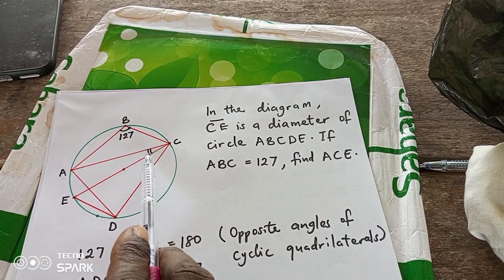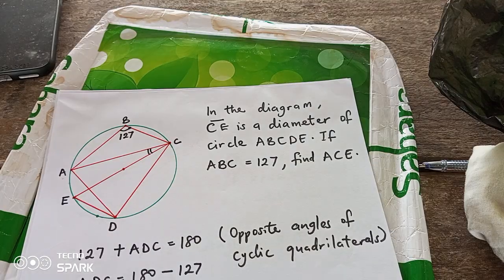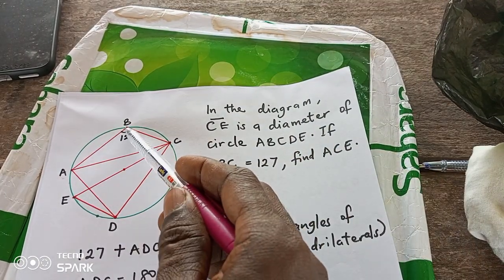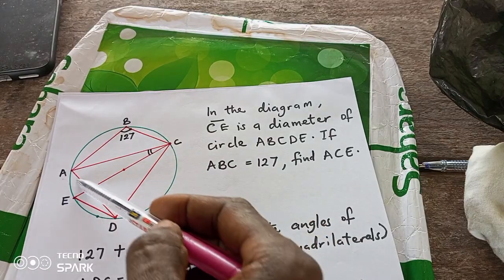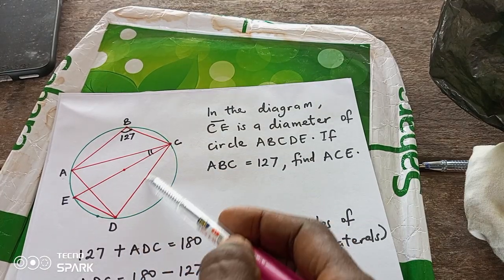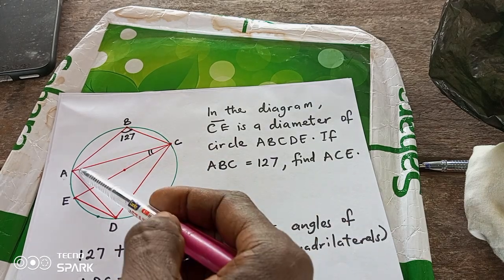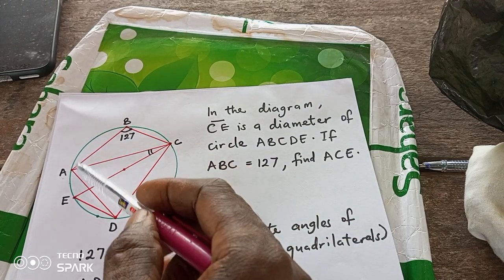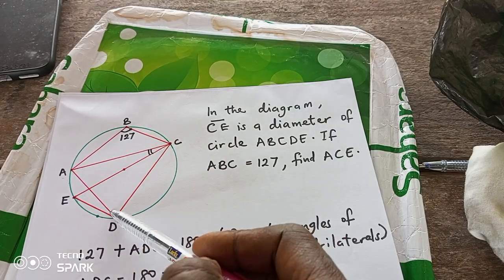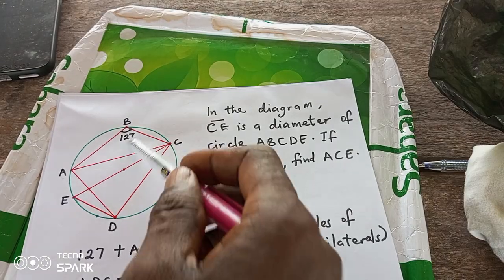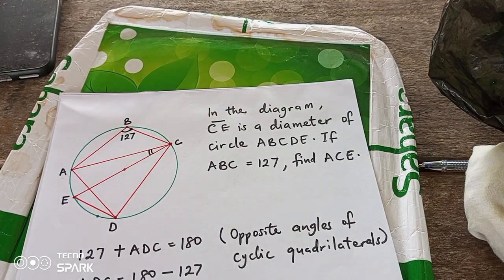Before you look for this angle, you realize that points A, B, C, D form a quadrilateral, a plane figure with four sides. If you have a quadrilateral inside the circle, the two opposite angles add up to 180 degrees.